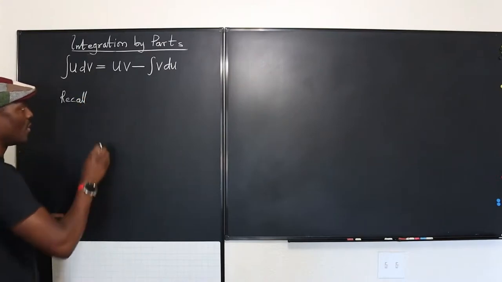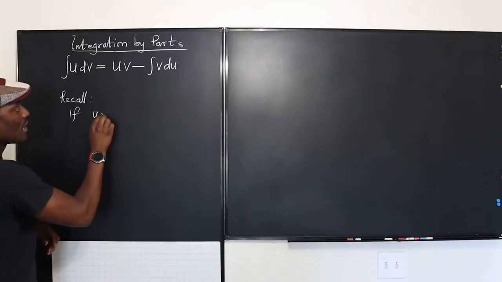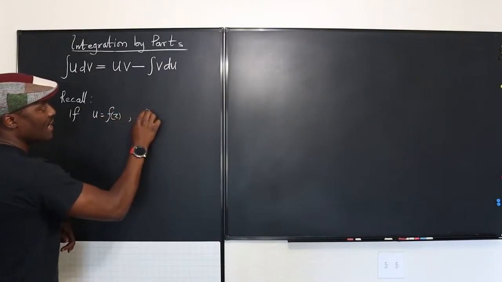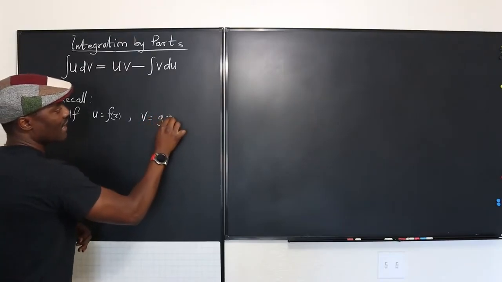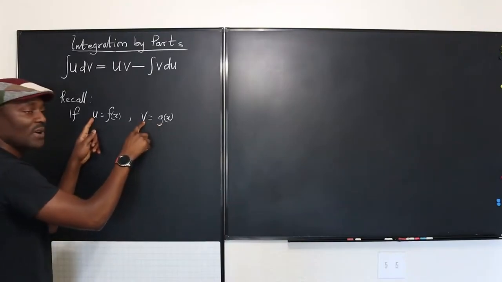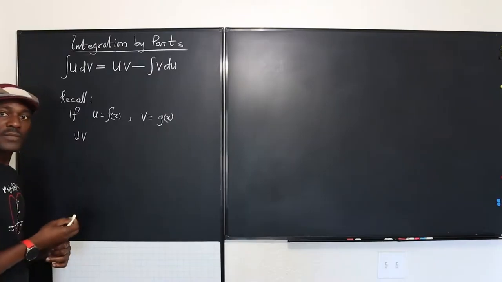I want you to recall that if u is a function of x, and v is a function of x, and then you multiply these two functions together, giving you uv.